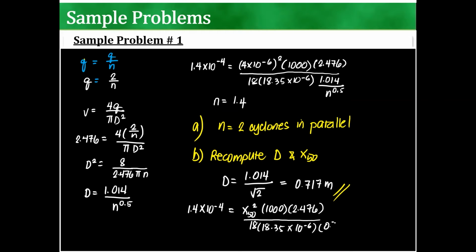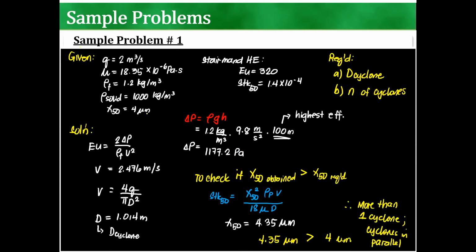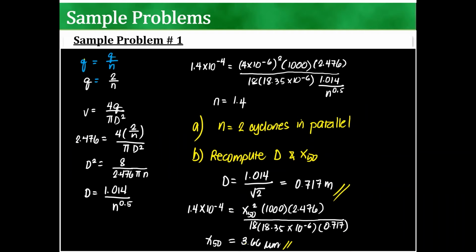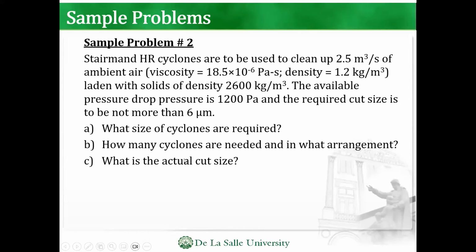The 0.717. What's your X50? Can you please calculate? So the X50 is 3.66 microns. And our cut-off diameter is 4 microns earlier, so that means it can now work, since it's 3.66 after we resized. However, two cyclones in parallel is the requirement. This one, I'll leave to you to answer. It's basically the same.